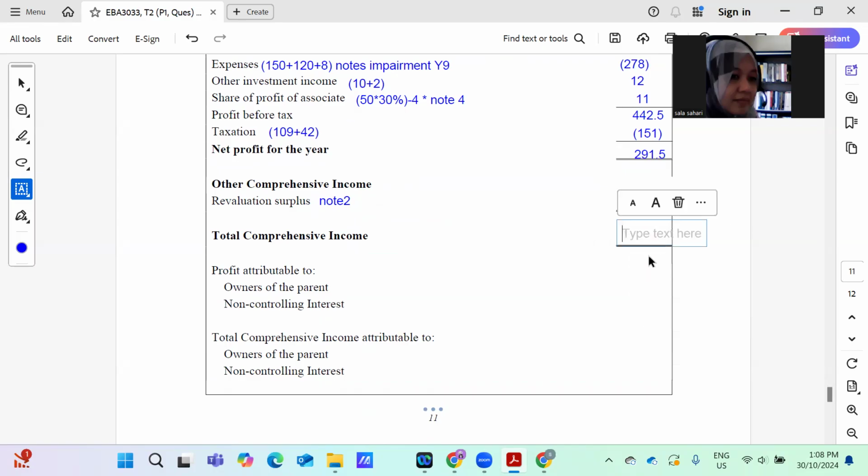So we get total comprehensive income of 301.5. So you just plus with the net profit for the year. So the profit attributable to owners of the parent, you just directly take the 291. Actually, it's supposed to be shown in the working.